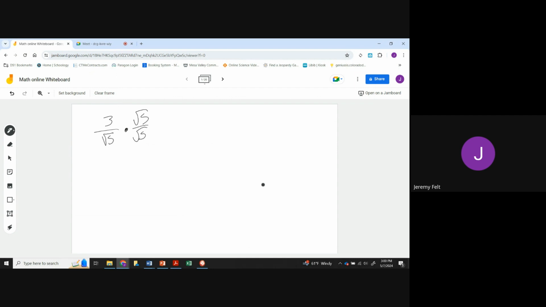That's going to be the easiest way to get a perfect square, take the square root of it, and then make it a rational number. So we have to do square root of 5 over square root of 5. This becomes the square root of 25, because 5 times 5 is 25. Square root of that is 5. And we can't reduce anything else, so we're done.